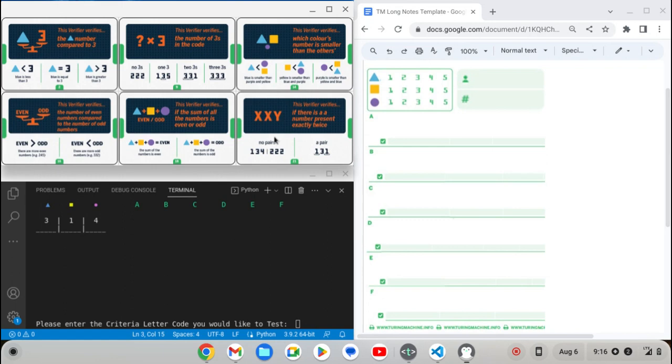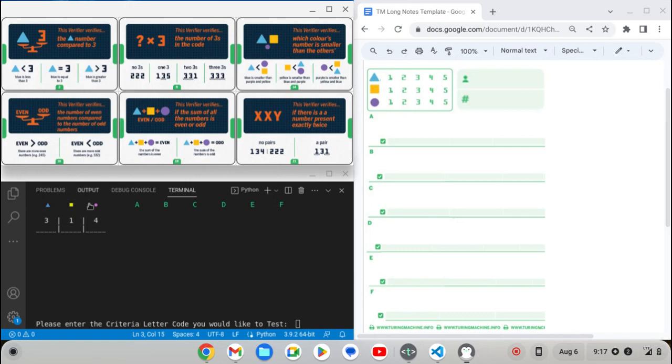And finally, criteria card F again looks at our 3-digit solution and will let us know a little bit about its structure. Specifically, if there's a pair, as in the example 131, or alternatively, if there is no pair, there are a couple of scenarios. Either all the digits are different, as in the example 134, or all the digits are the same, as in the example 222. Now remember, the objective of today's puzzle is to find that unique 3-digit code that abides by all of the 6 criteria cards we just discussed.